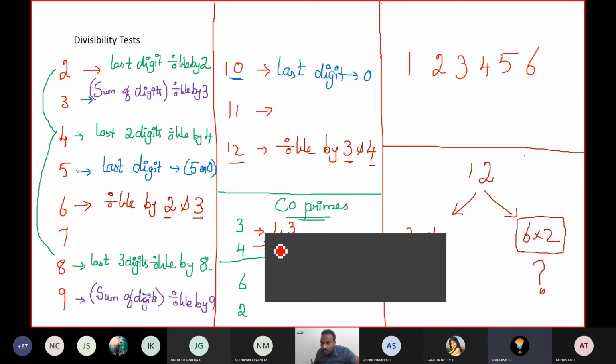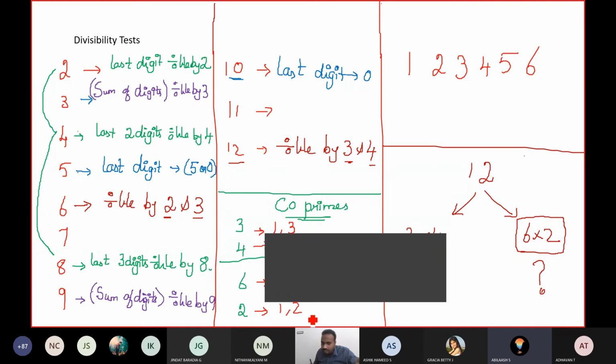What are the factors of 4? 1, 2, and 4, obviously. What are the factors of 6? 1, 2, 3, and 6. Superb. What are the factors of 2? 1 and 2.